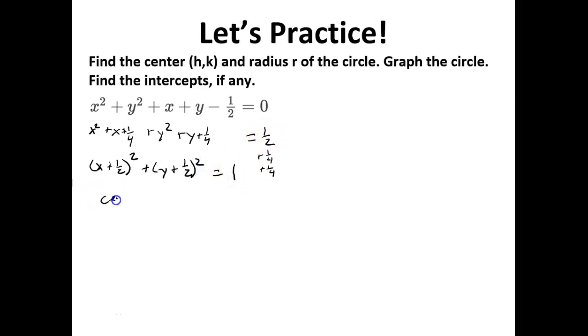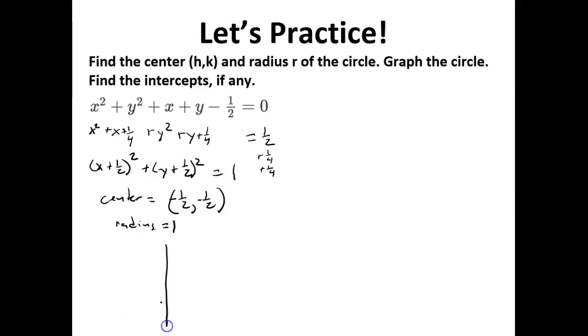The center is at negative 1/2, negative 1/2. It's the opposite of these here. The radius is the square root of this, which is the square root of 1, which is just 1.